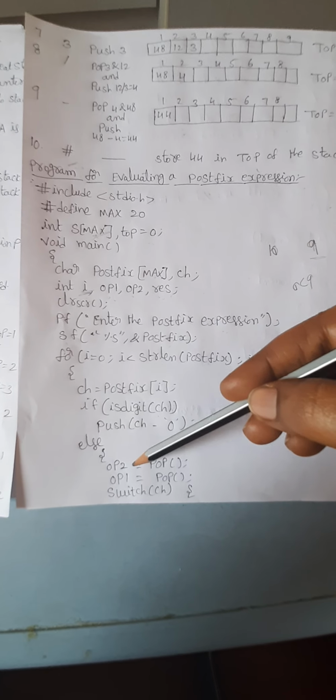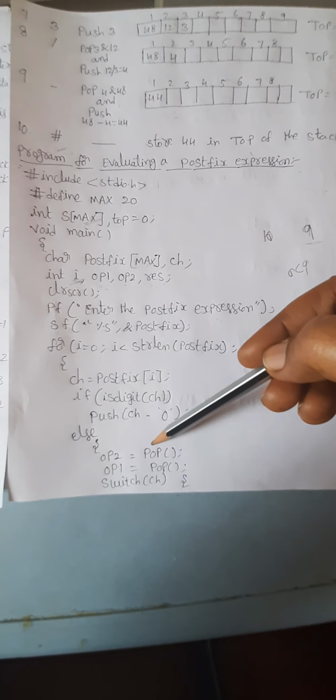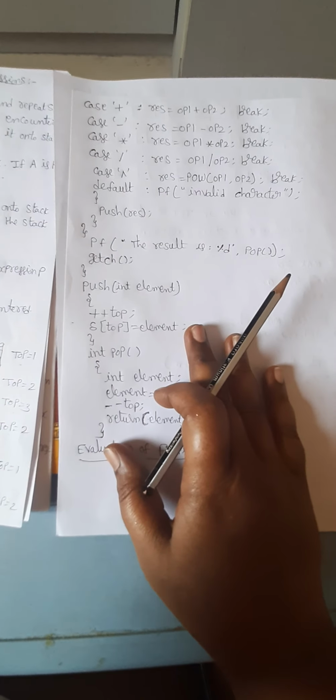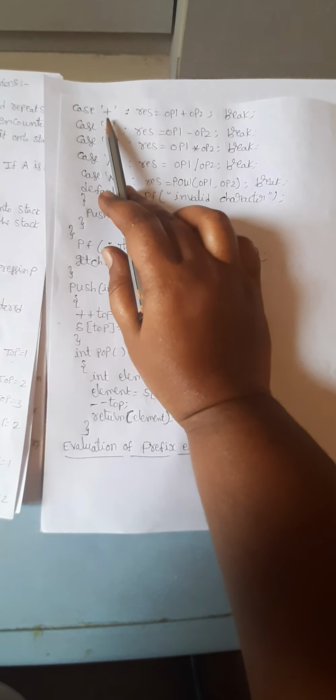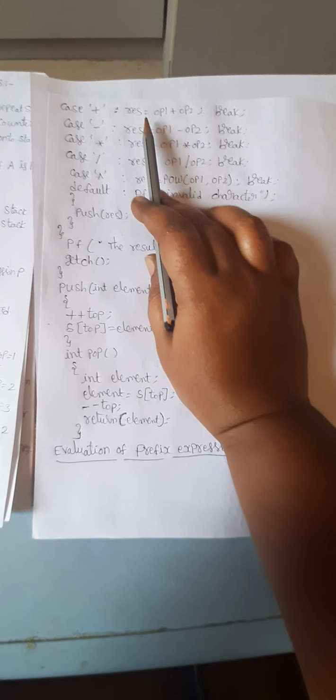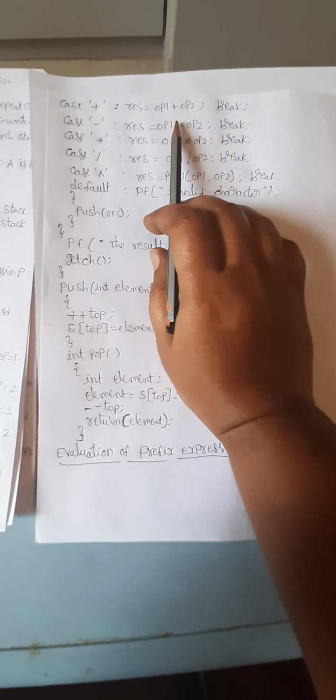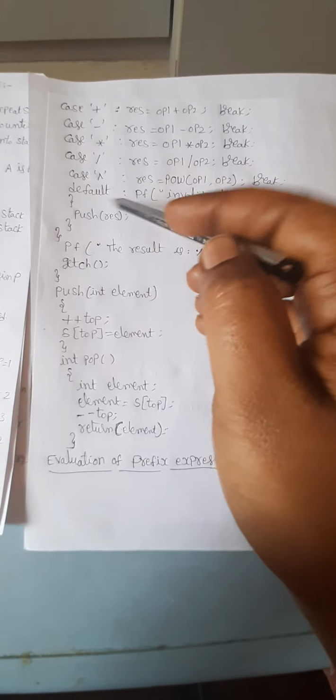Otherwise, if the given character is not a digit, then we have to pop the operands, and then push the result into the stack. See the switch cases. In these switch cases, if the given operator is plus, then result equal to operand 1 plus operand 2.